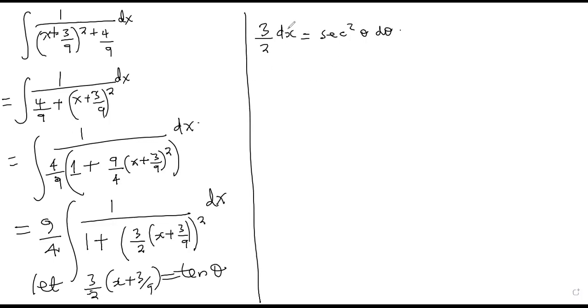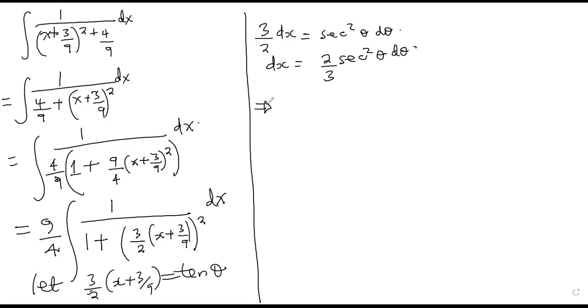Why am I doing this? Because when you multiply this one by x, it will be 3 over 2 x, and this one will be a constant. So when you differentiate, you get 3 over 2, but when you differentiate a constant, you get 0. So that's why I'm having only 3 over 2 dx, implying that dx will be, when you cross multiply, 2 over 3 sec squared theta d theta.